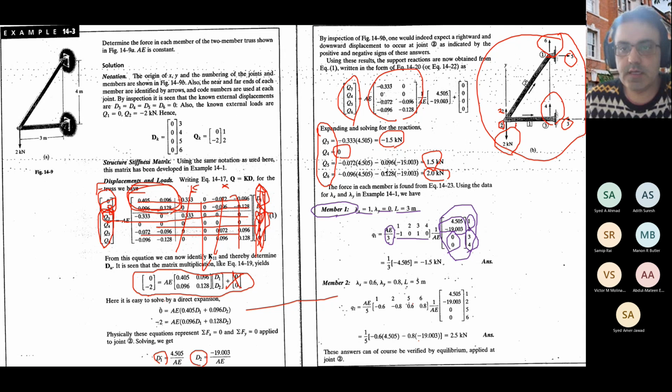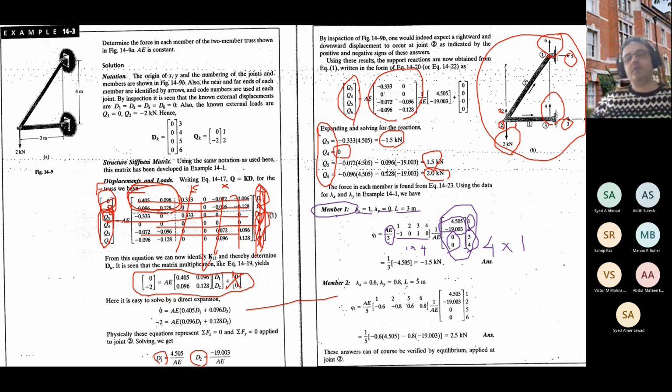So AE over L is a constant, and this is a kind of 1 by 4 vector, and this is a kind of 4 by 1 vector. The multiplication of two vectors like this, 1 by 4 and 4 by 1, will be 1 by 1.